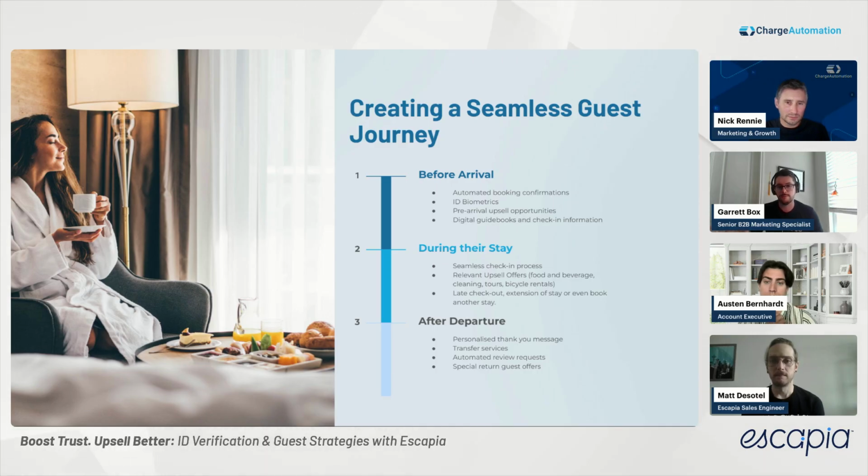So they'll be able to see more information on this, and maybe at the start of their stay they don't think they need a late check-in or a late check-out, but they start to enjoy so much time there that it's good to have that information accessible to them at a later point.